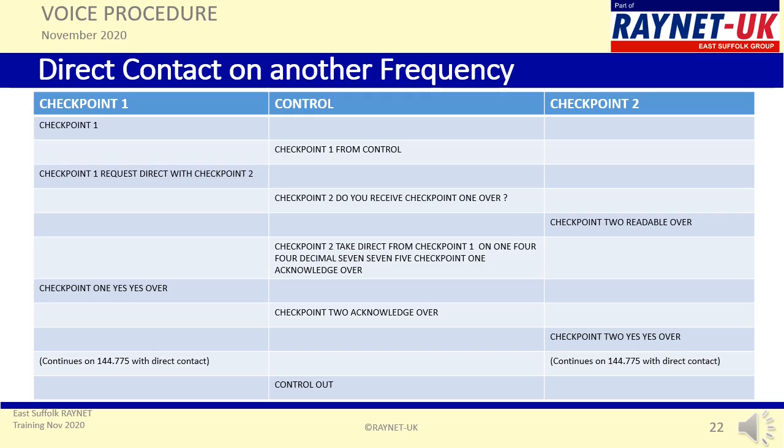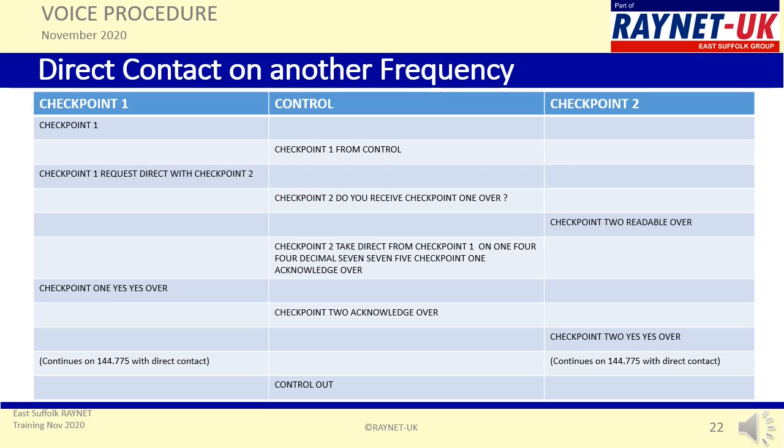This slide shows direct contact on a separate working frequency. In this case, checkpoint 1 calls control and requests direct. Control asks checkpoint 2 if they receive.